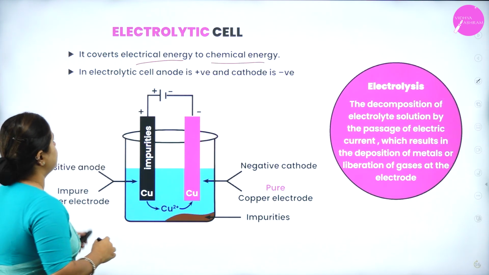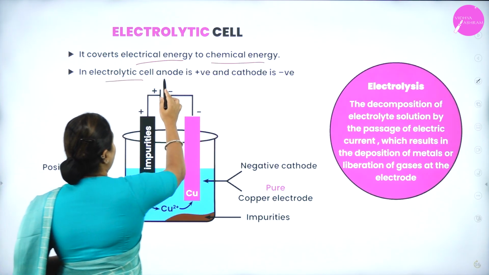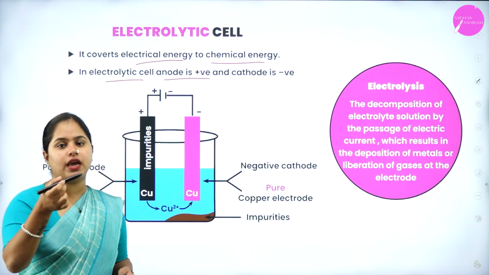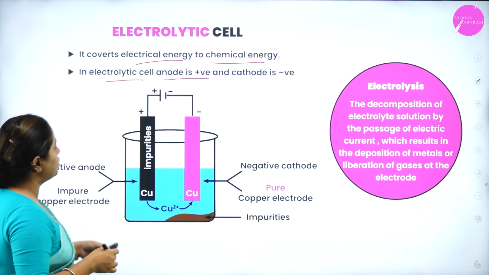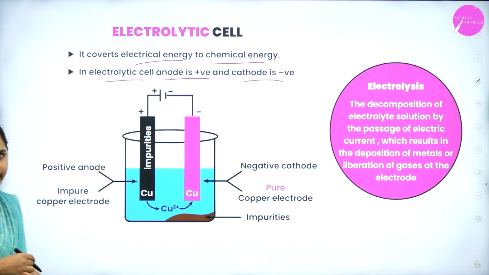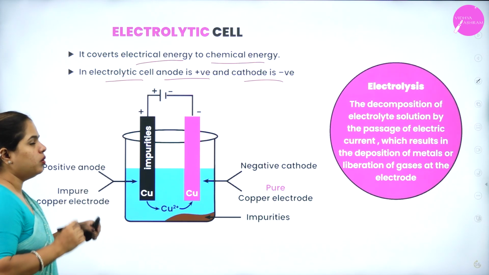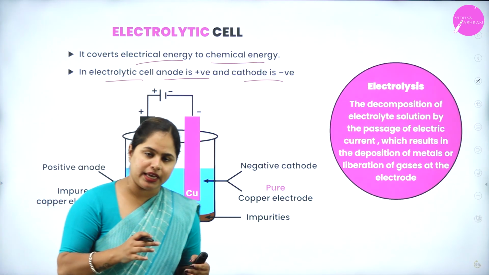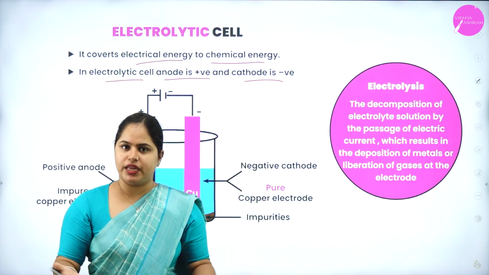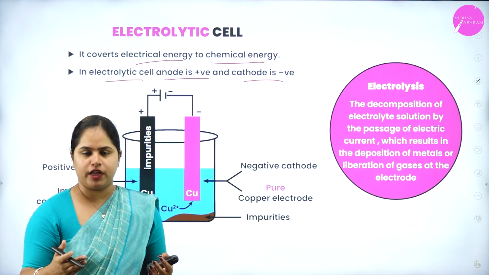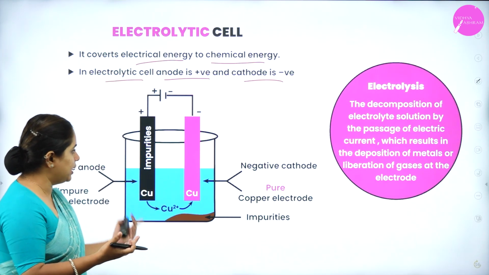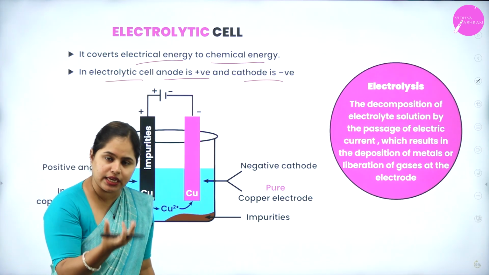Now in the electrolytic cell, the anode will be positive. In the electrochemical cell, anode is negative and cathode is positive. Here anode is going to be positive and cathode is going to be negative. I hope it is clear. Now, unlike the electrochemical cell, wherein you have two half cells connected by a wire and salt bridge, here in the electrolytic cell you have a single cell only.